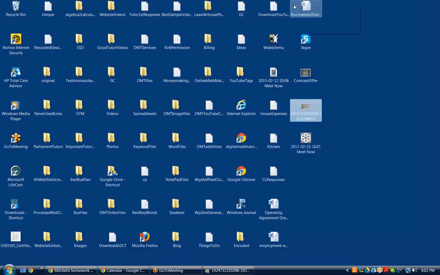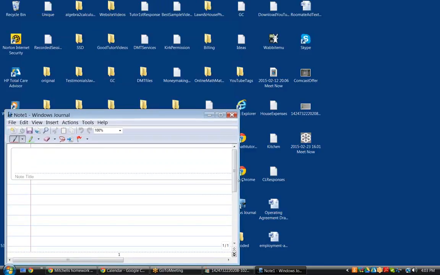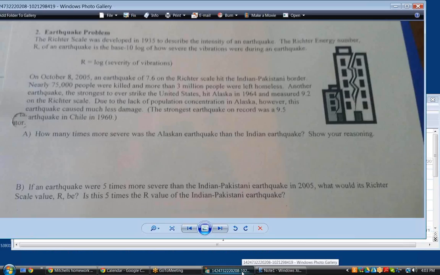In other words, an 8.0 was 10 times more severe than a 7.0. But I don't think it's quite like that. Here, let's see if we can come up with an equation here. So they're asking how much bigger is a 9.2 than a 7.6?